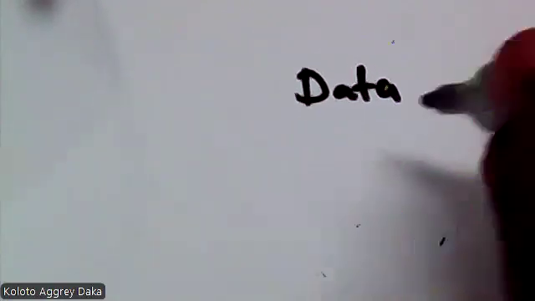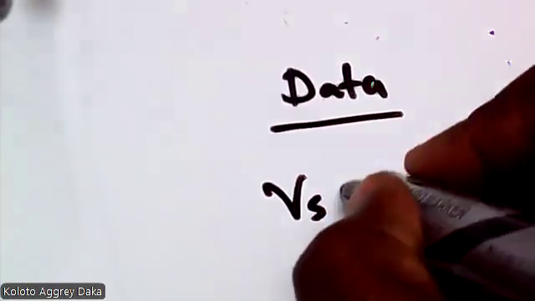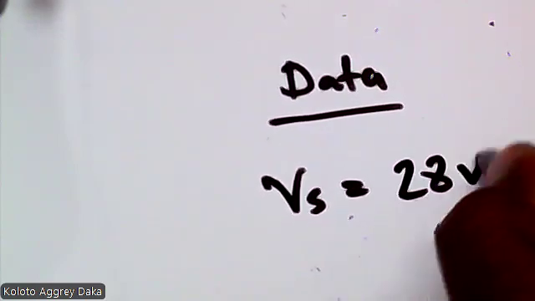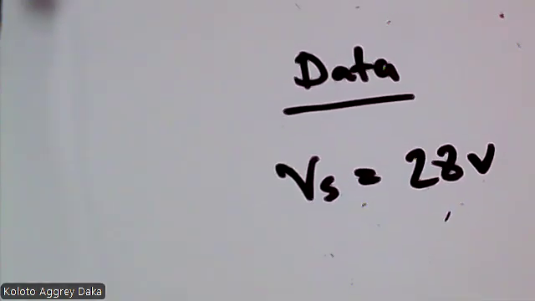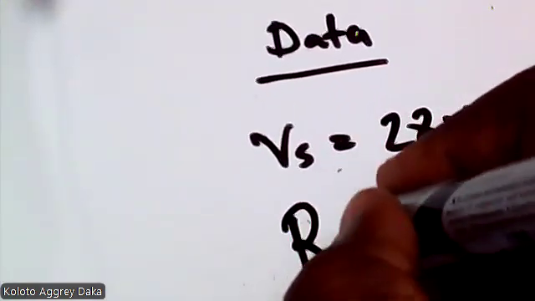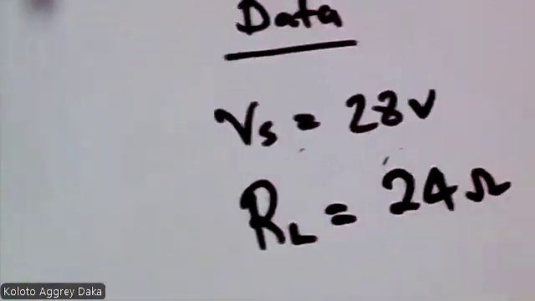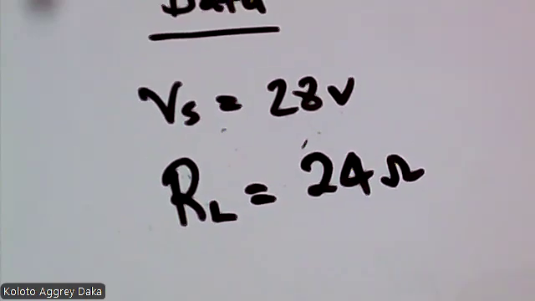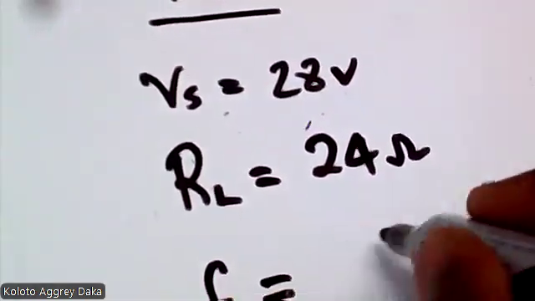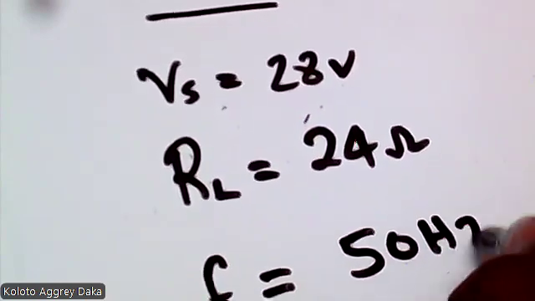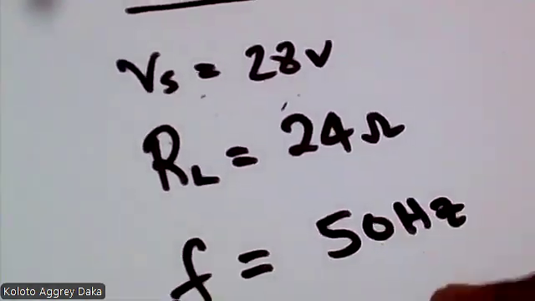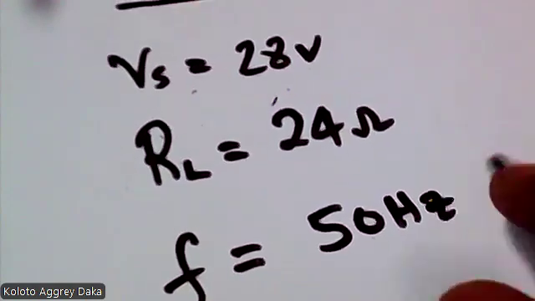Given the data: Vs is 28 volts, and the frequency is 250 Hz, meaning our period is what?